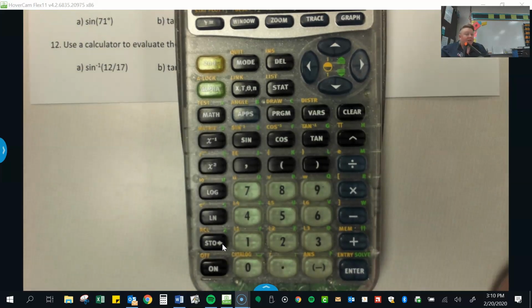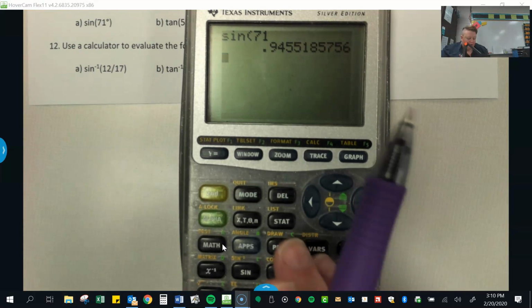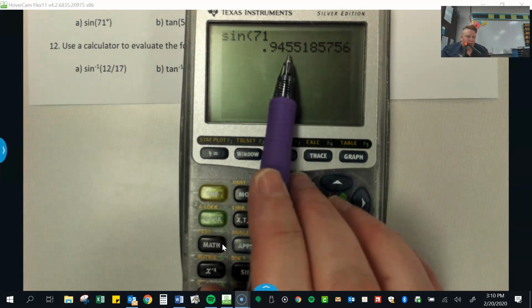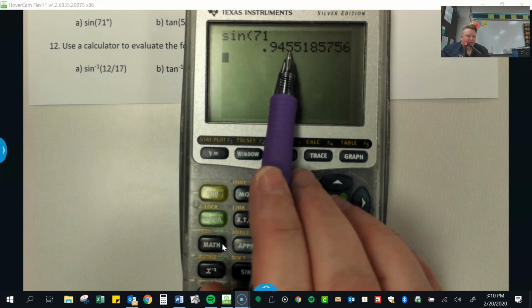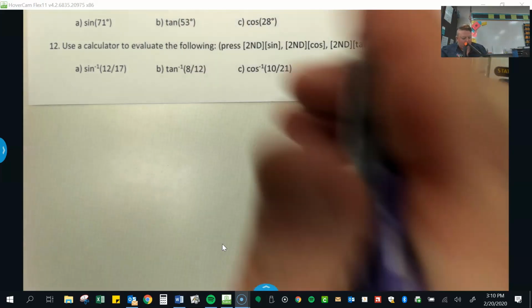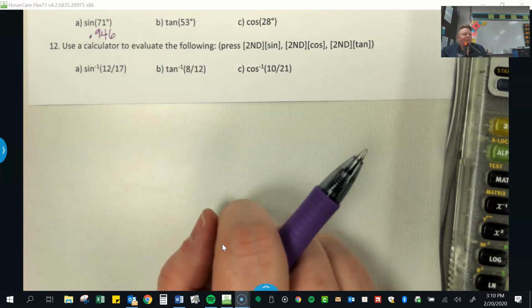The thousandths is 3 decimal places, so I'm going to look at my third decimal place. I'm going to see what the number after that is. This is a 5, which changes that to a 6. So this becomes 0.946. All right?